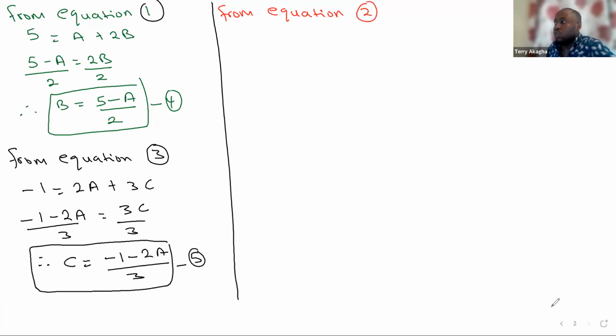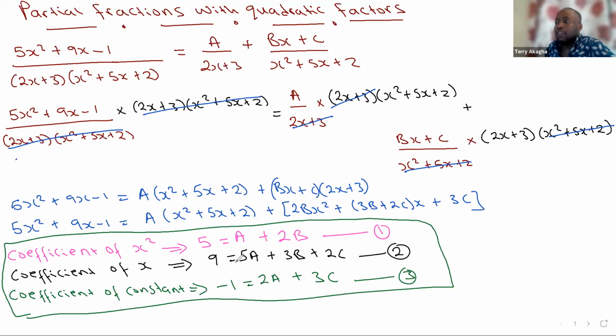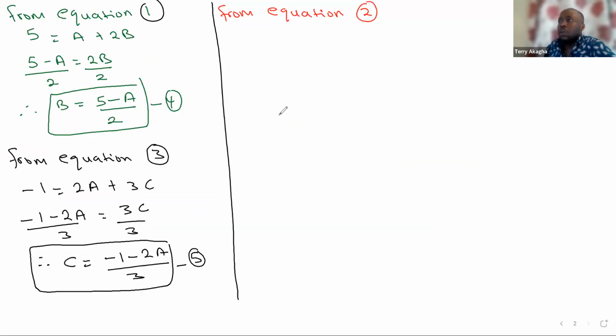From equation 2, we know that 9 is equal to 5a plus 3b plus 2c. I already know my b, so I can put it in.